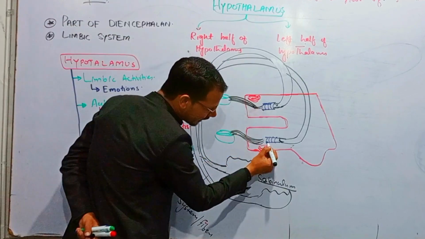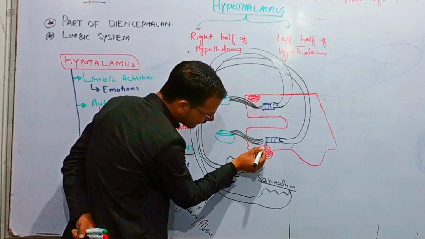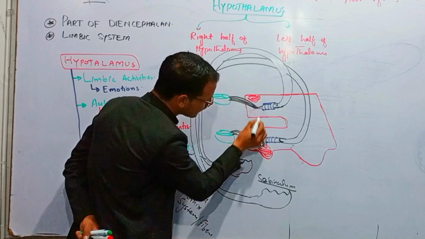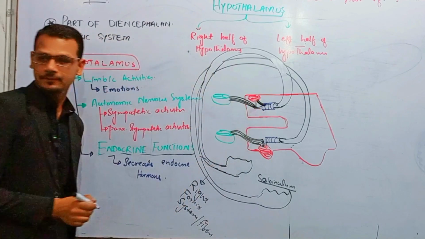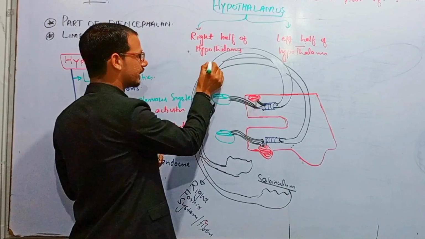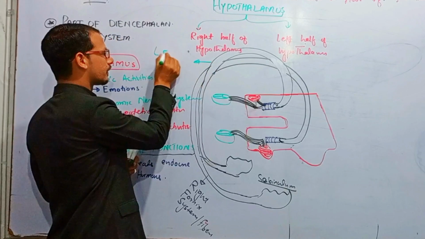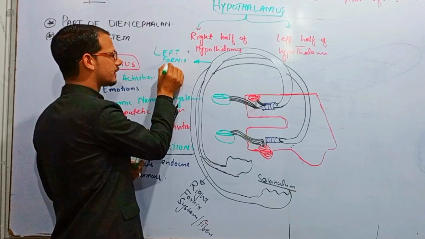Here it will connect with these mammillary bodies, and from mammillary bodies like this, right? So this is called the left fornix system.